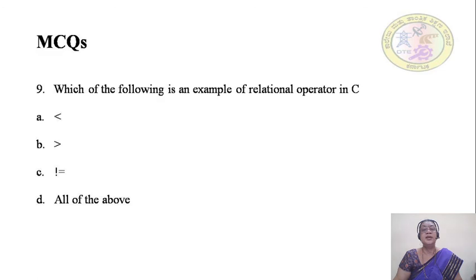A less than, B greater than, C not equal to, D all of the above. Less than, greater than, not equal to are all relational operators. So the correct answer is option D, all of the above.